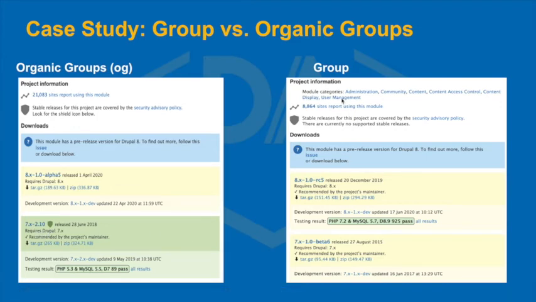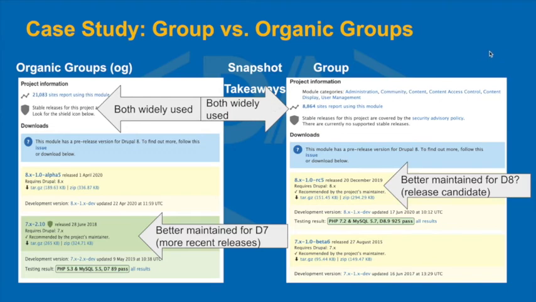On the flip side, group has fewer installations, a release candidate for Drupal 8, and a beta release for Drupal 7, which is from 2015, so a while back at this point. If we look at what to take away from this information, we see that both are pretty widely used. A few thousand installations is a good number for this kind of functionality.